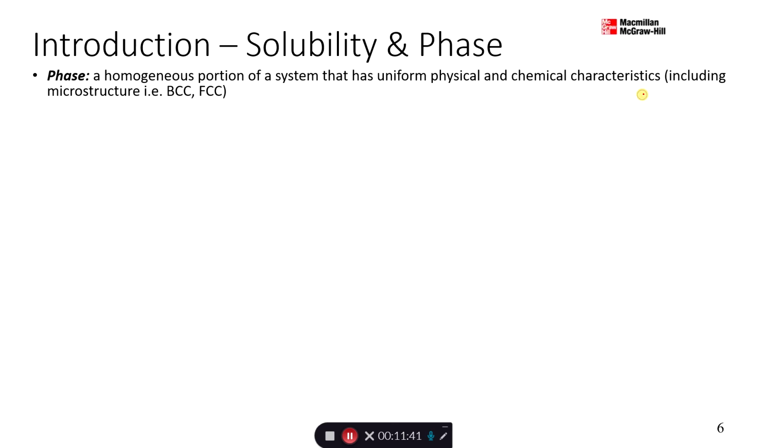Normally you will have gas and then liquid and then solid. But here we focus on solid, actually a bit of liquid and solid, but we divide the solid further. FCC, BCC, etc. Okay, so FCC is its own phase. BCC is its own phase.